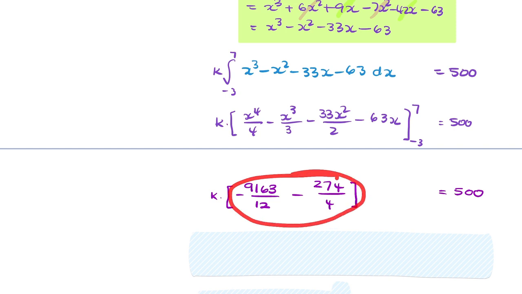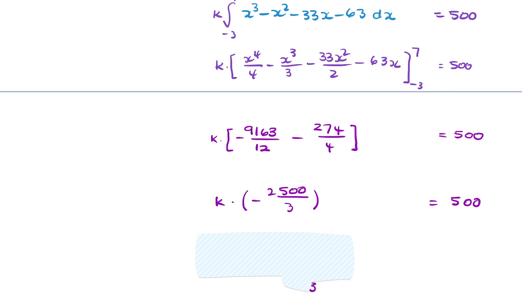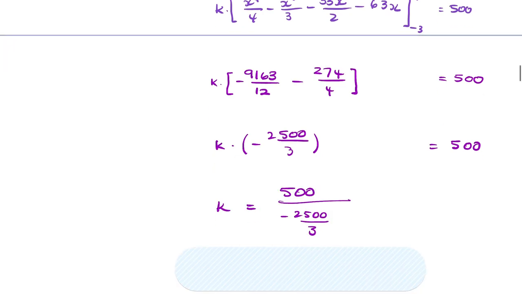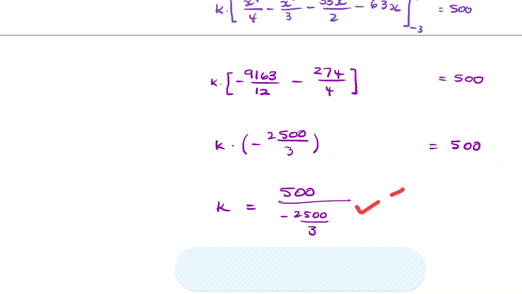Now that will give you a number, and then you just divide 500 by that number, because the total area is equal to 500. So if I divide this by that, you get that.